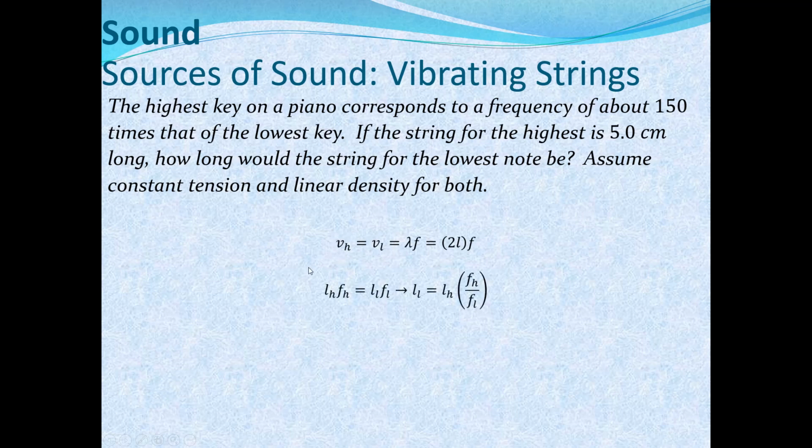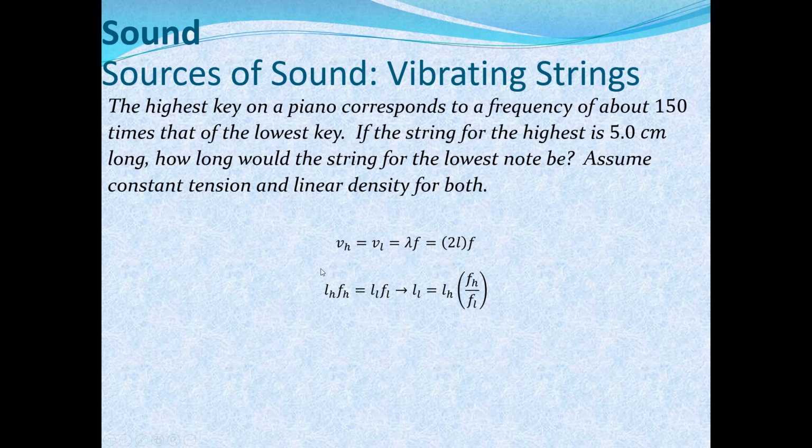So the speed of the waves, because it says the constant tension and linear density for both, so we know their speeds are going to be the same. The speed through the highest piano string is equal to the speed of the lowest piano string. So that means v = lambda f is going to be true for both. And then we can say that since the note that's actually being played, or the main note being played, is the fundamental, we're going to replace lambda with 2L.